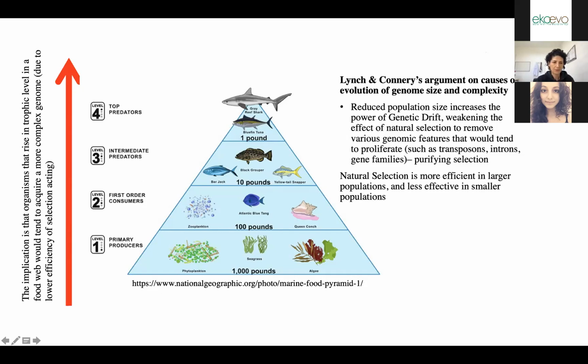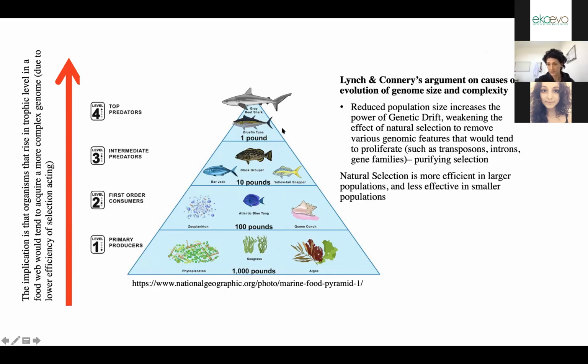When we go up in trophic level, this is the trophic level, this is the producer. When you go up, it's the second and third level, where the organisms are consumers. So when you go up, the body size of the organism increases, most of the time, not all of them actually.